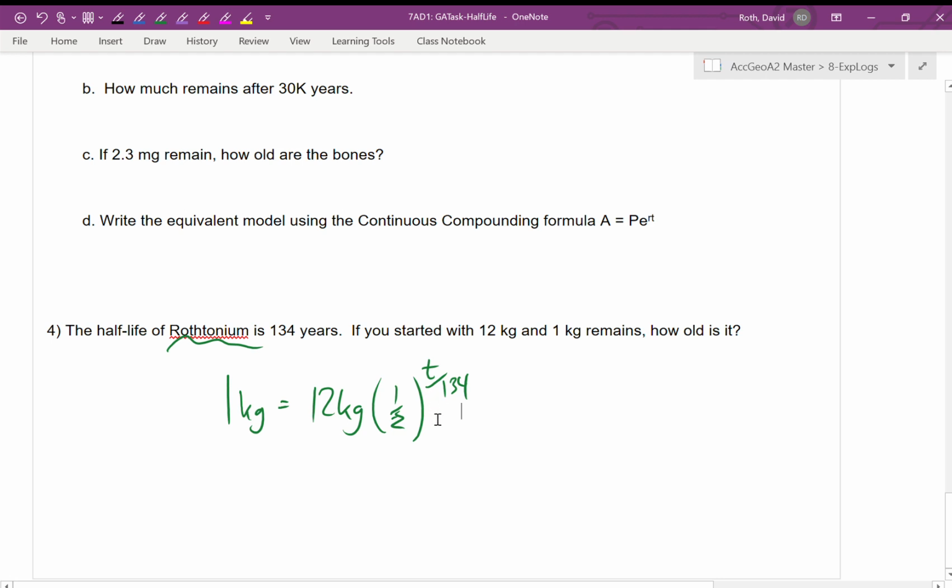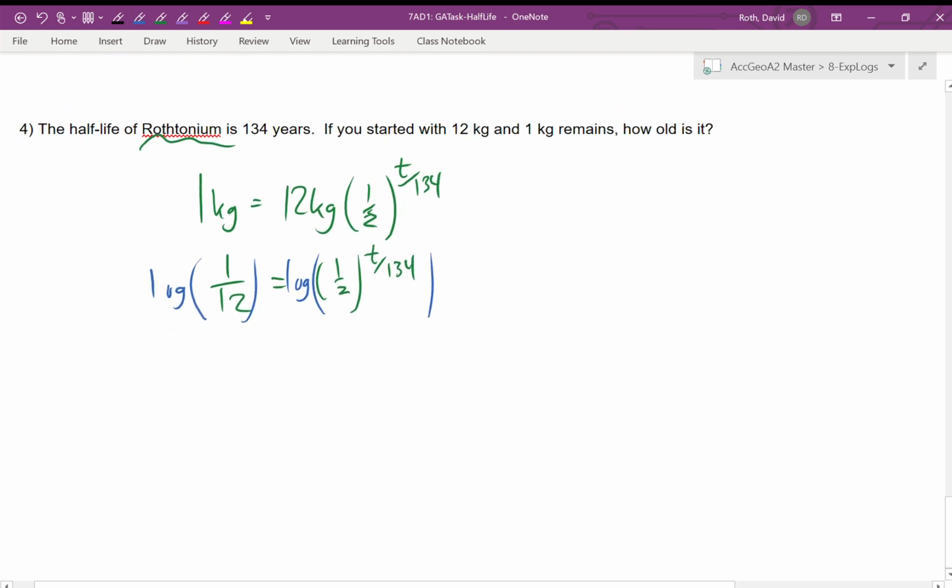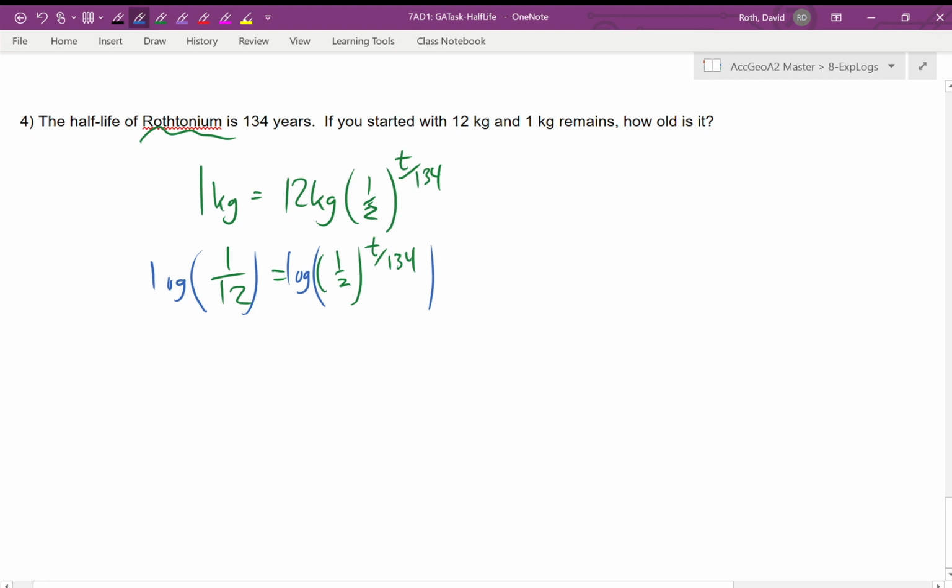Okay, we'll solve it. Now, before I take the log of both sides, remember, I should solve for the exponential and get it all by itself. So I really should get 1 over 12 is equal to 1/2 to the t over 134 power. Now when I log both sides, you can see that this is going to come down to the main line.